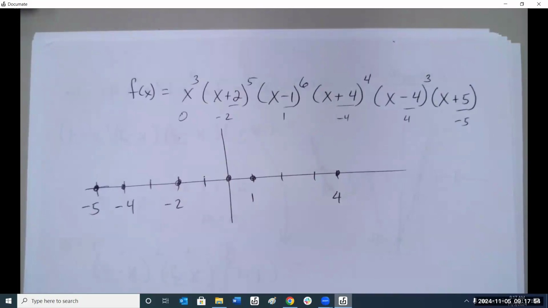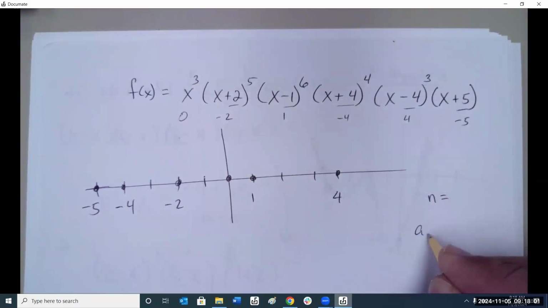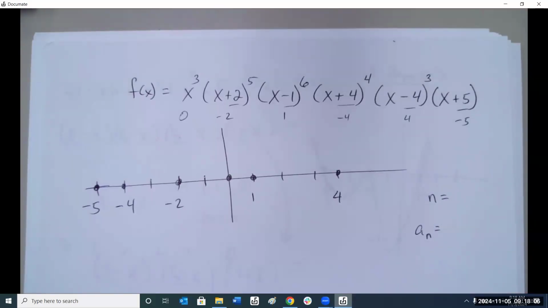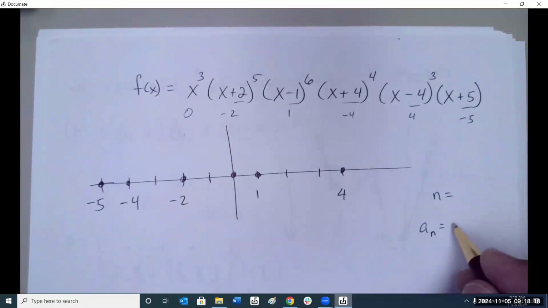So what's our end behavior going to look like? What is my degree and what is my leading coefficient? Is it positive or negative? Well, the leading coefficient is going to be positive, because none of the x's are negative. So this one's going to be greater than 0. What about the degree? Well, what's the number?